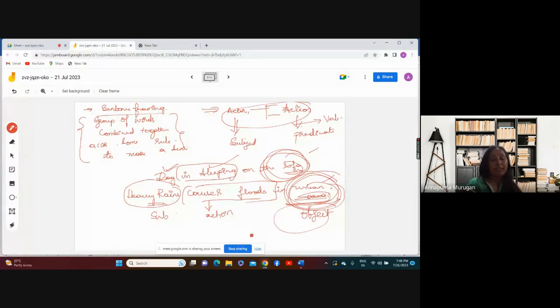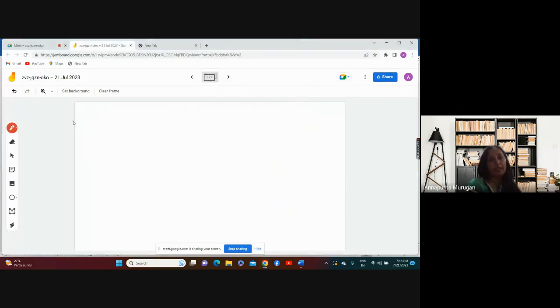Now I'll give a glance at the different sentences you need to use. Depending on the structure, we have simple sentences, compound sentences, and complex sentences.